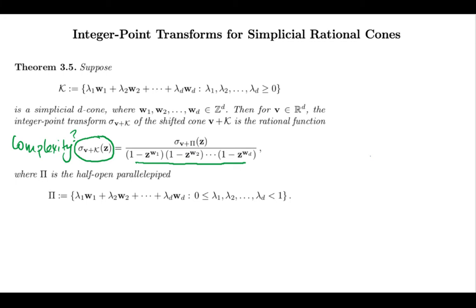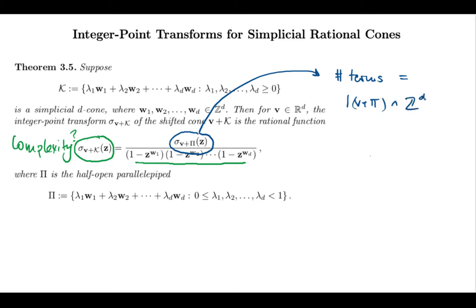And so I hope you can see from this theorem that the complexity of this integer point transform is entirely in the numerator. So this is a Laurent polynomial in d variables. The first thing we should note is the number of terms is, of course, the number of integer points in this shifted parallelepiped.